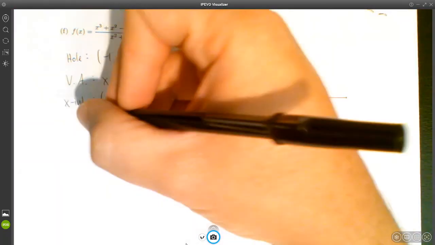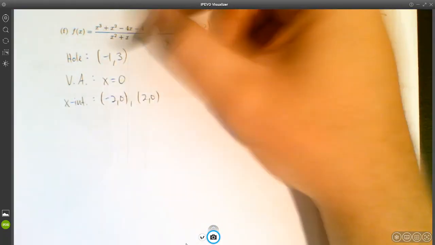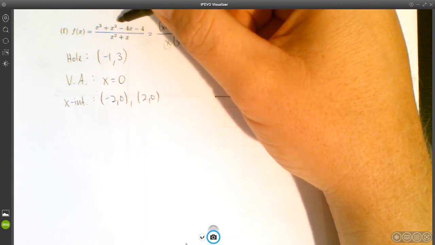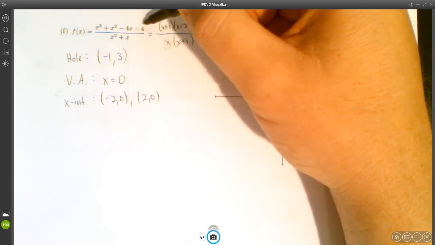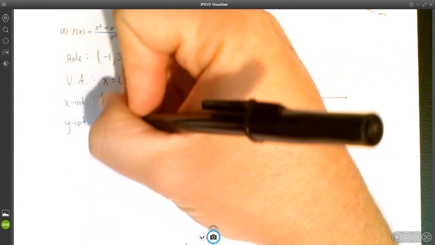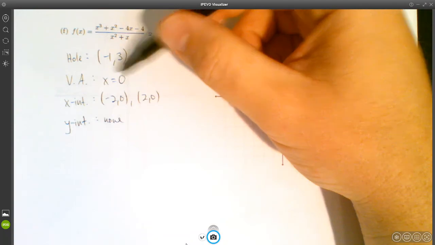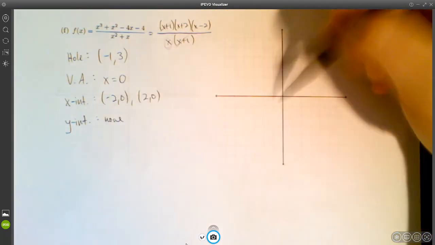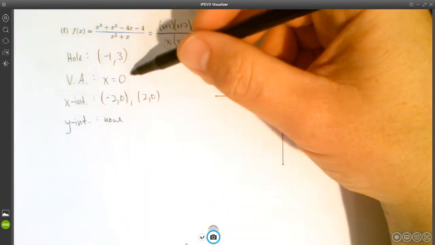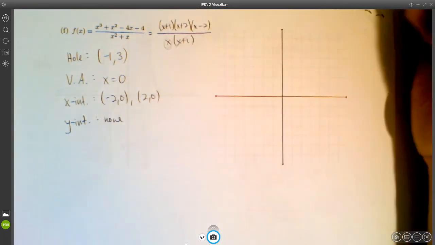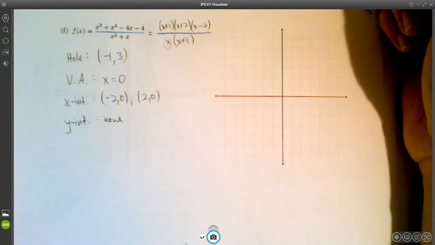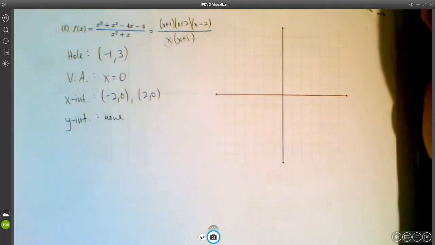Let's get the y-intercept while we're thinking about it. Actually, we don't have a y-intercept, right? If you plug in 0 for x, you're going to get -4 over 0, which is undefined. Oh, well, that makes sense, right? We have a vertical asymptote at 0. So the graph can't cross the y-axis, because a function can't cross a vertical asymptote. Okay, well, so there you go.